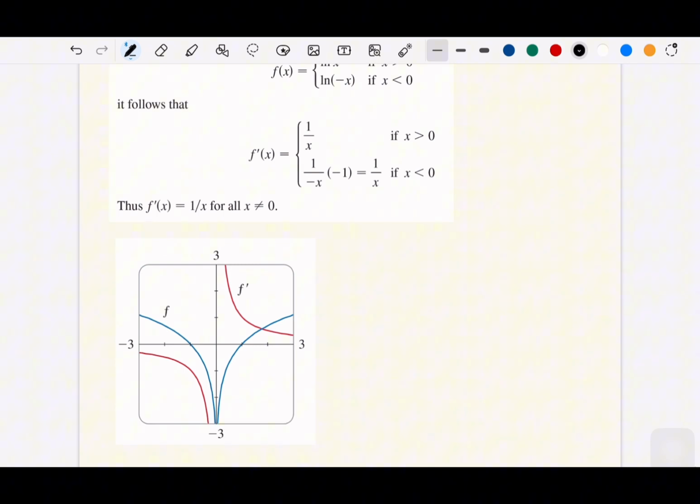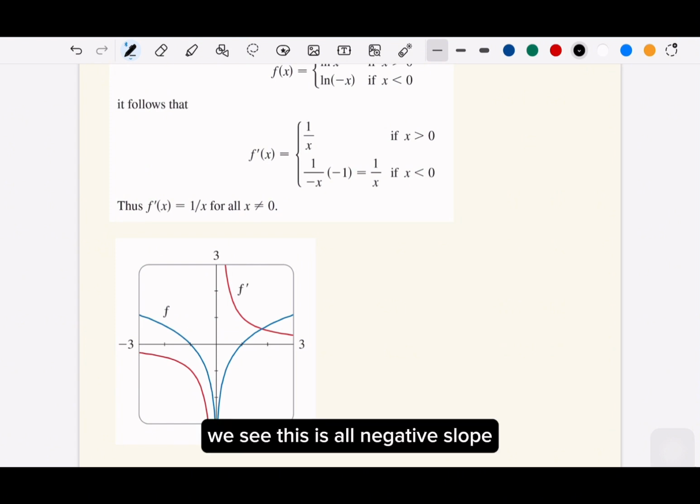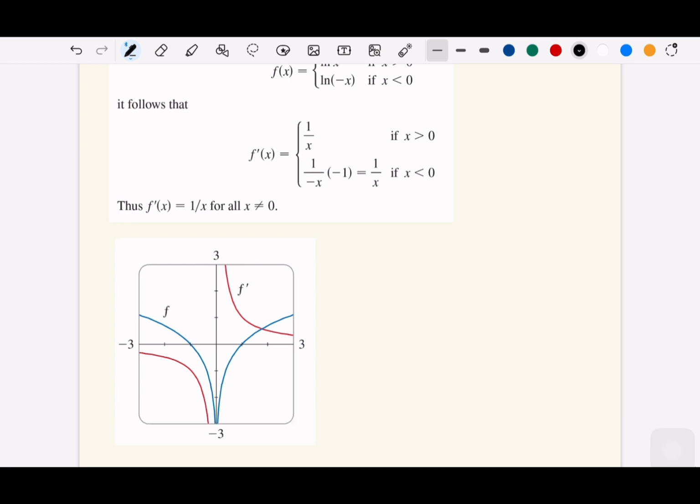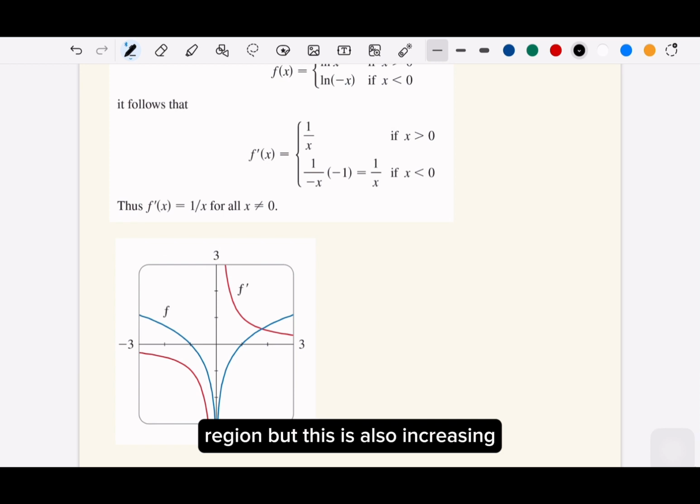On the left part, we see this is all negative slope. Let's say this is horizontal here, and it's getting negative, which means the value is also decreasing. It's in the negative region, but this is also decreasing.